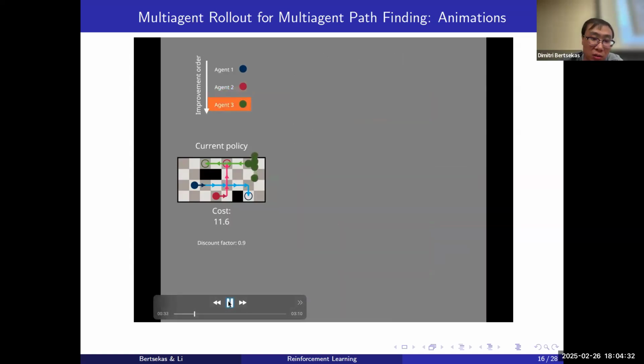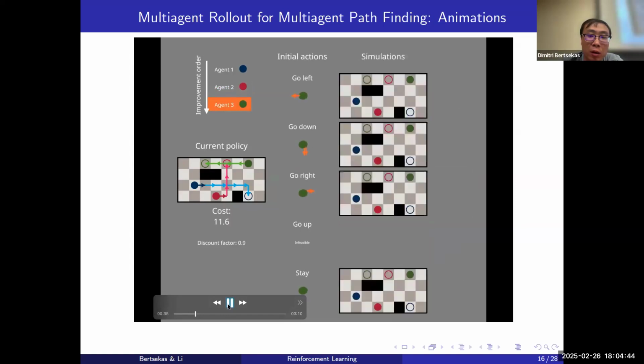Now we move on to agent 3. Again, for agent 3, similarly, it has 1, 2, 3, 4 feasible actions, and going up is not feasible, and it runs 4 times the base heuristic or base policy, whereas agents 1 and 2 stick to the trajectory computed in the earlier step.